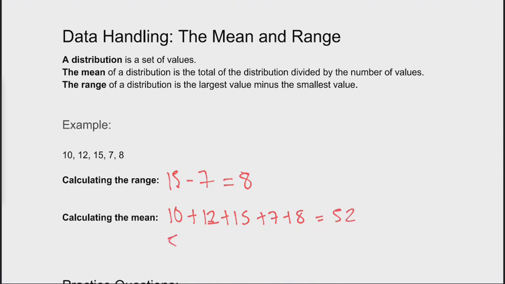And then we want to do 52 divided by the number of items that we have. So in this case, it's going to be 52 divided by 5. And that will be equal to 10.4. So 10.4 is going to be the mean of this distribution.